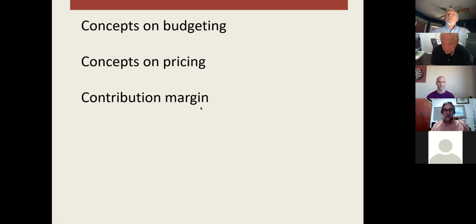Now, we've talked about some concepts on budgeting. Pricing is how do you actually price your products? I'm not talking about all of your pricing, but how do you promote that pricing, and what is your pricing to promote? If you want to get a response by giving people a coupon, by offering them a discount or something special, then the question is, what's the concept behind your pricing?